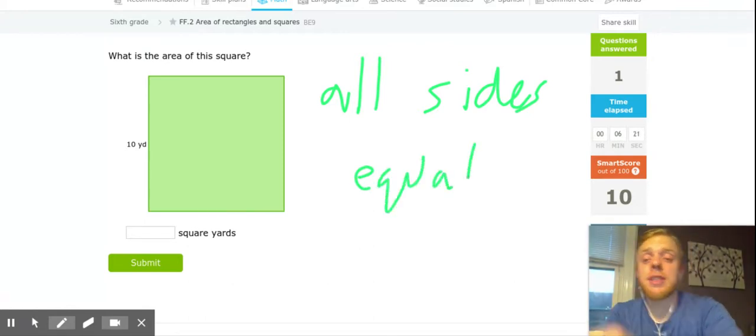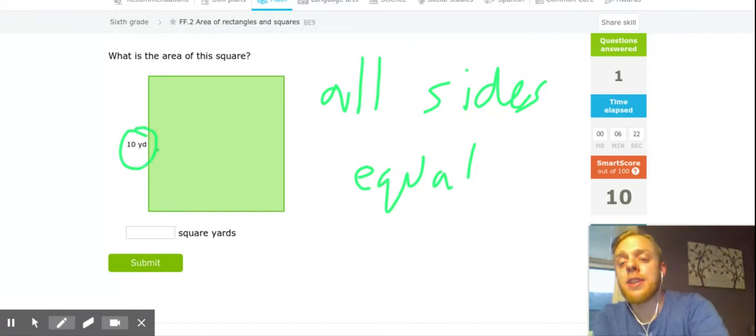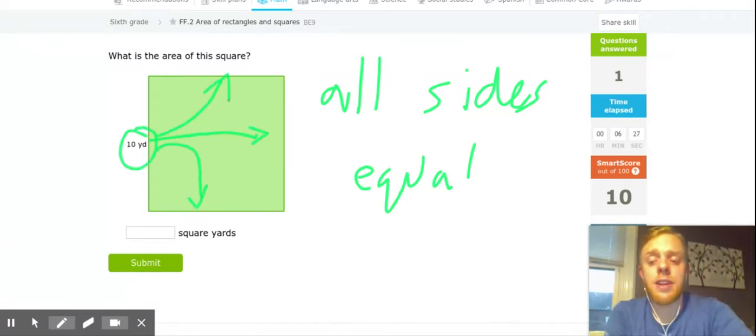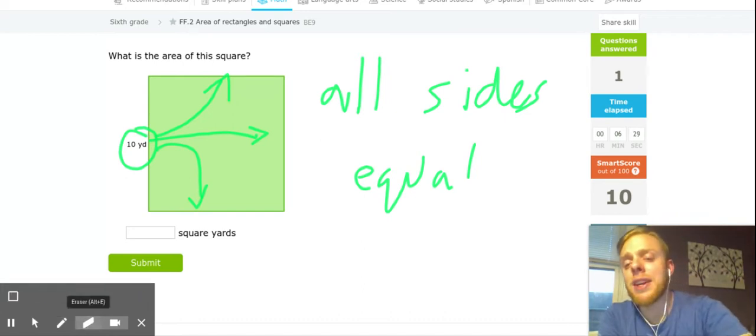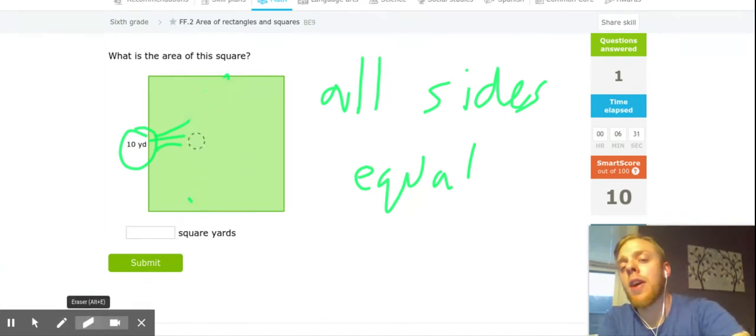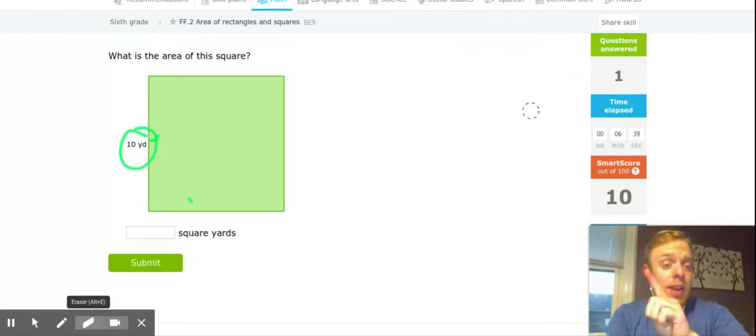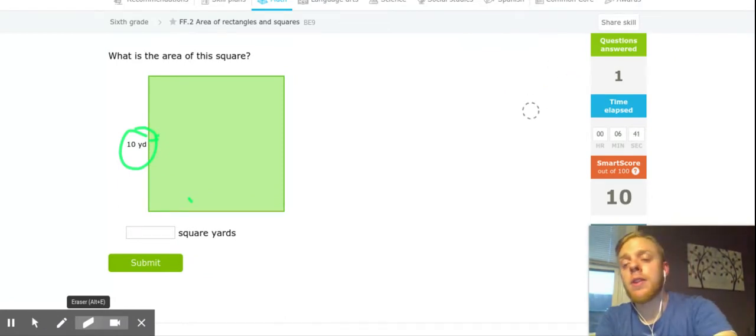That means that if this side is 10, this side is 10, this side is 10, and this side is 10. Now, I'm not interested in knowing that all the sides are 10. All I am interested in knowing is that I have to multiply two numbers. I have to multiply a length and a width.